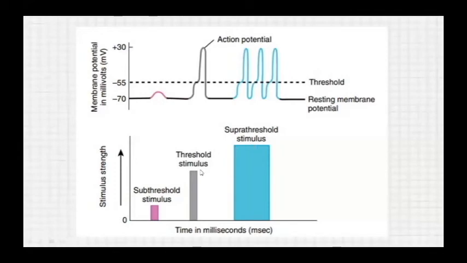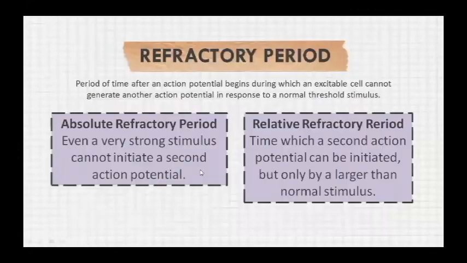However, in action potentials, there is what we call the refractory period. This is the period of time after an action potential begins, during which an excitable cell cannot generate another action potential in response to a normal threshold stimulus. So, this is the period where action potentials cannot be produced again after generating one.